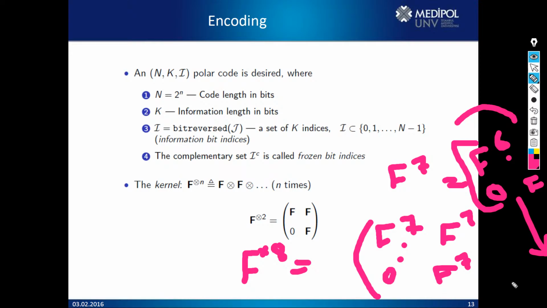Now you need to take the information bit sequence. The number of bits you transmit, 5, is determined by the code. But you don't know where to put these 5 bits.